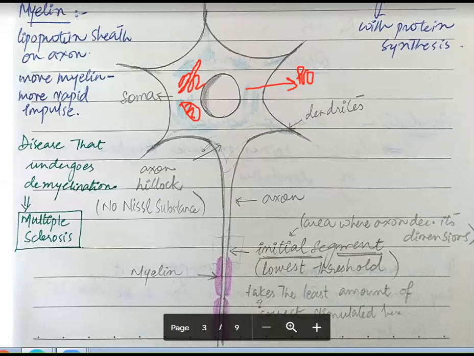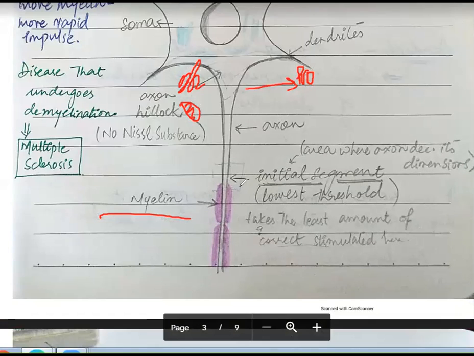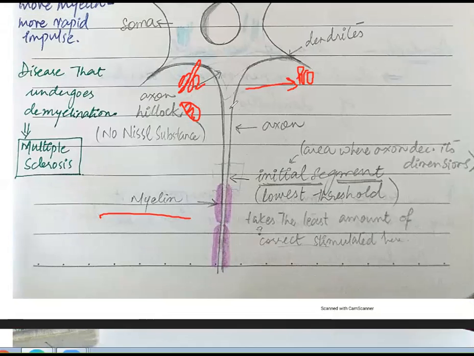Moving further, I told you about the dendrites, and about this axon hillock, the triangular portion that lacks the cytoplasm, or we can say lacks the Nissl substance. Then, moving down, we have this axon, or nerve fiber, and on this axon there is a sheath of fat.